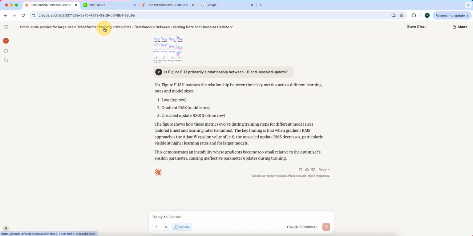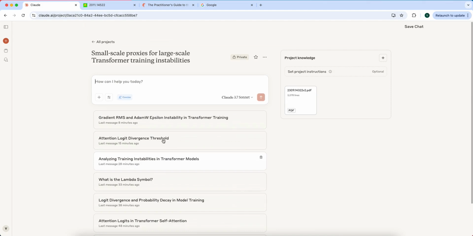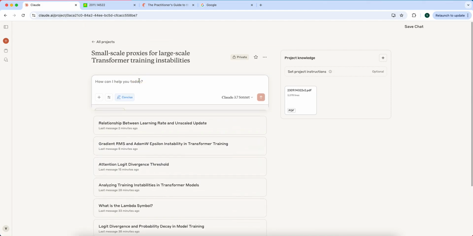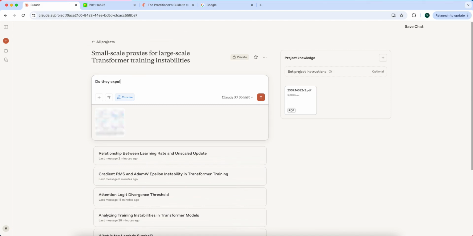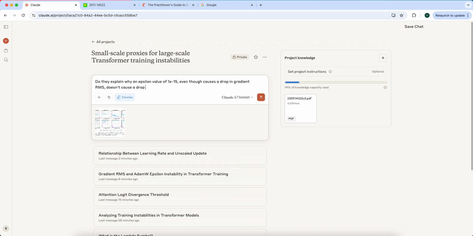And I might have missed this, but let's ask one more question. Do they explain why an epsilon value of 1e-15, even though it causes a drop in gradient RMS, doesn't cause a drop in unscaled update RMS?